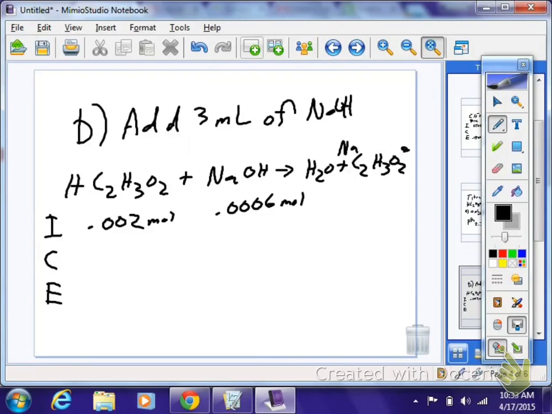If you remember, we subtracted. So we went 0.002 minus 0.0006. We got an answer. And of course, they're canceling out because it's the same, so this is 0. And then we get a number of moles for this that would be 0.0014 moles. Right?